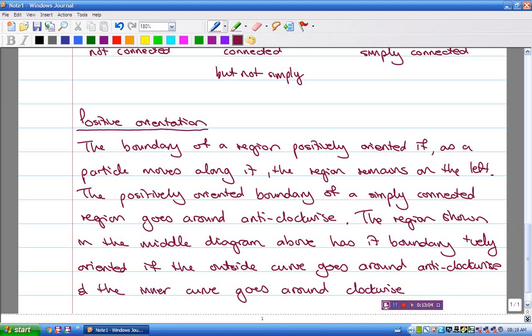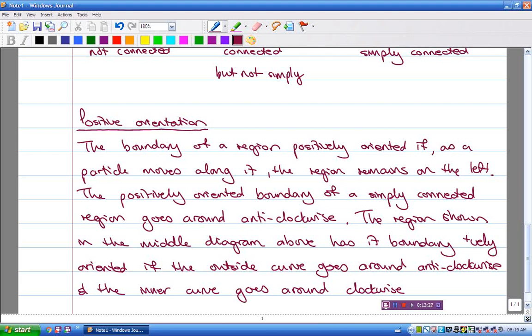Look, a boundary of a region can be positively or negatively oriented, and it's not really a big deal. But the wording of Green's theorem and its friend theorems require boundaries that are positively oriented in order for the theorem to apply. So we're looking at the boundary of the region, not the region itself.